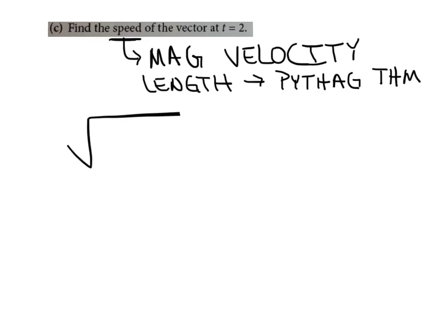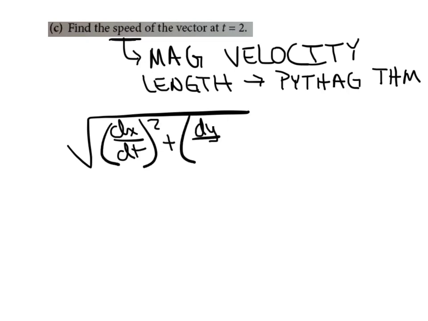All it is is the square root of (dx/dt) squared plus (dy/dt) squared. So all you do is imagine the Pythagorean theorem and solve for c, and you've got the speed formula. Then we're going to evaluate this rascal at t equals 2.